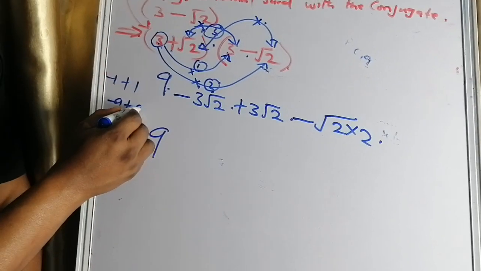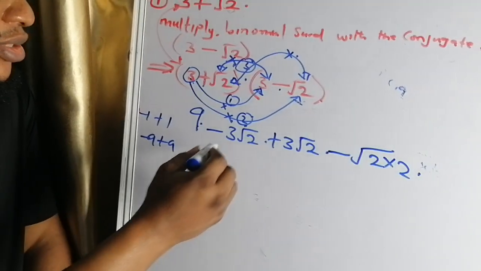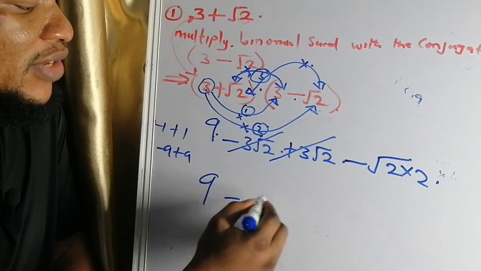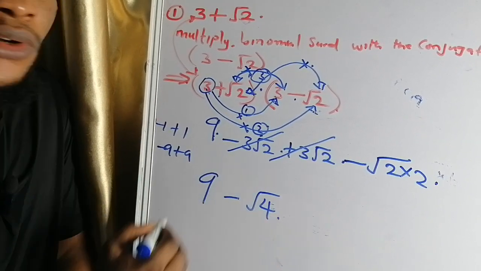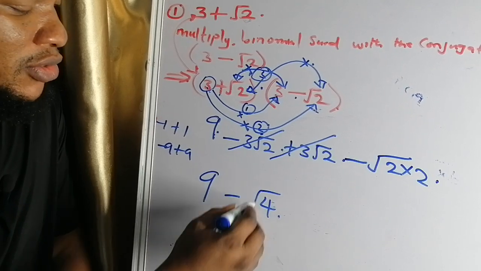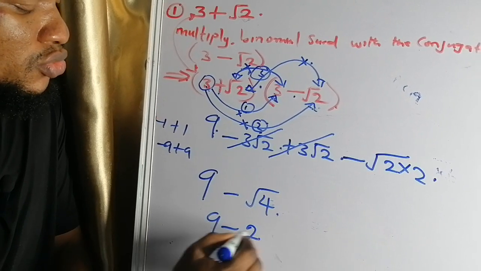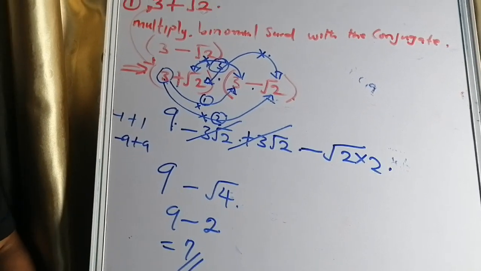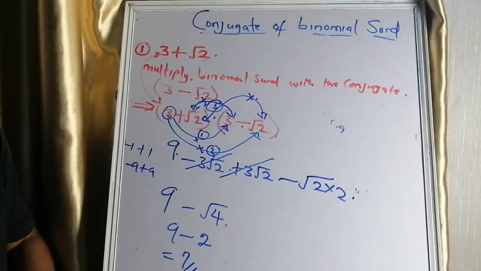Minus a plus a will be equal to 0. The same thing applies here, so this one will cancel this. Then you now have 9 minus the square root of 4. What is the square root of 4? That is 2. 9 minus 2, so the answer is 7. It's as simple as that.